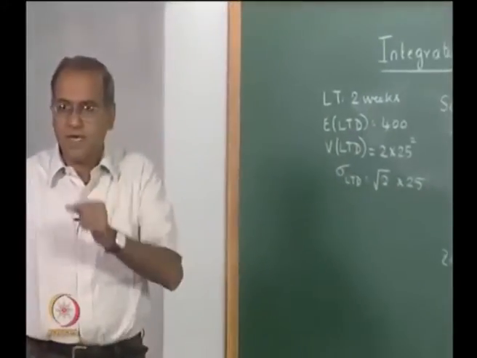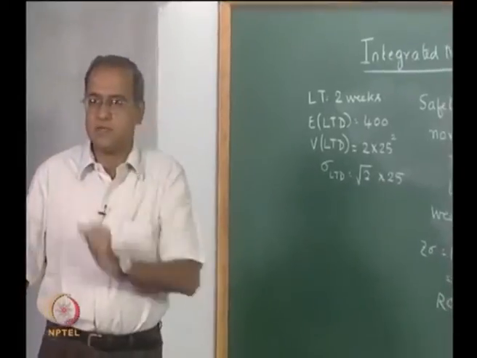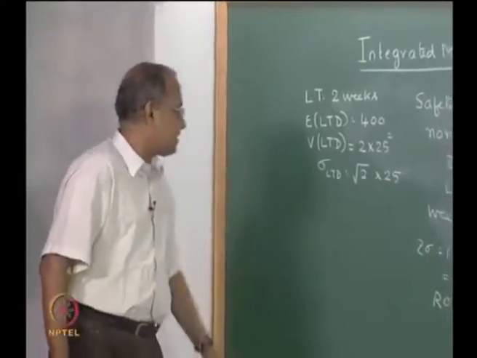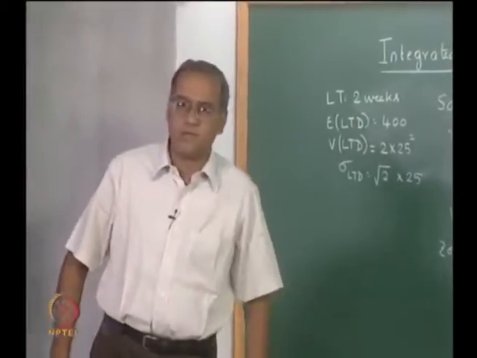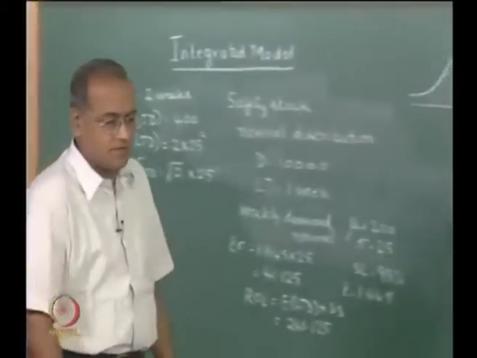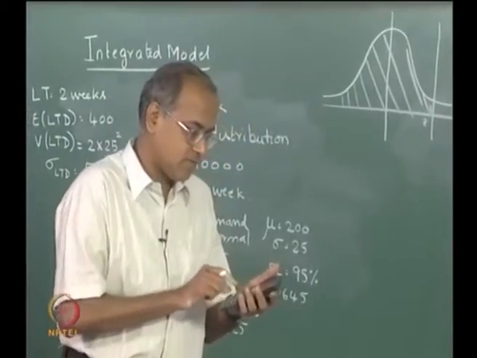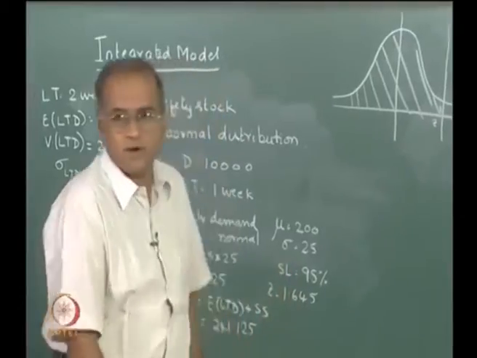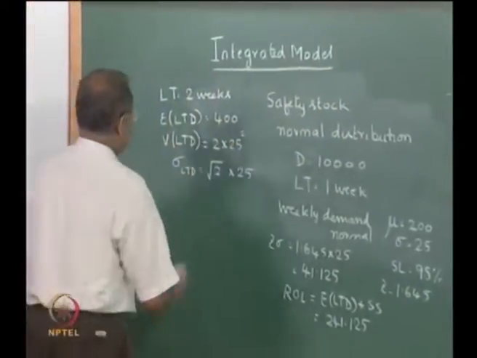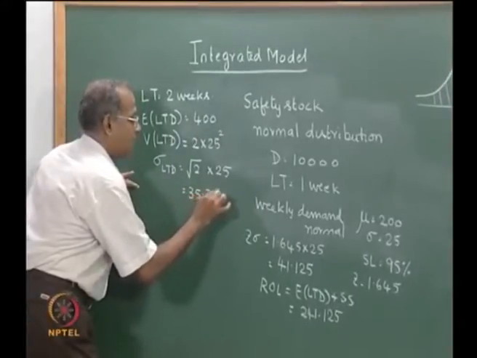So, if the weekly demand standard deviation is sigma and the lead time is L weeks, then the standard deviation of the lead time demand is root L into sigma. On computation, this gives 25 into root 2, which is 35.36. So, the standard deviation of lead time demand is 35.36.